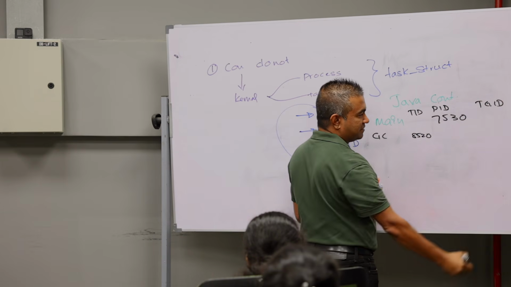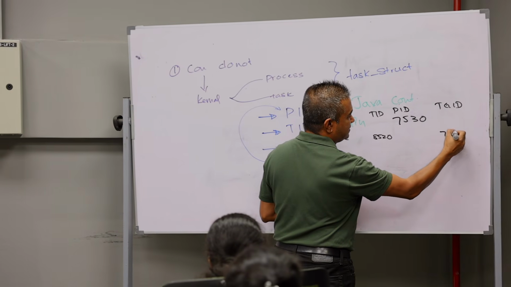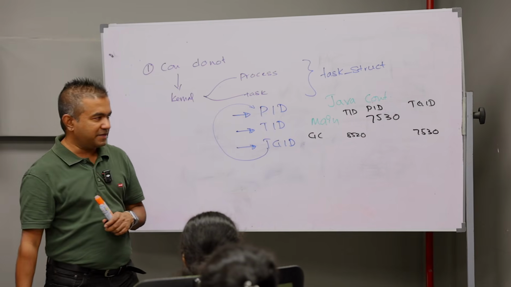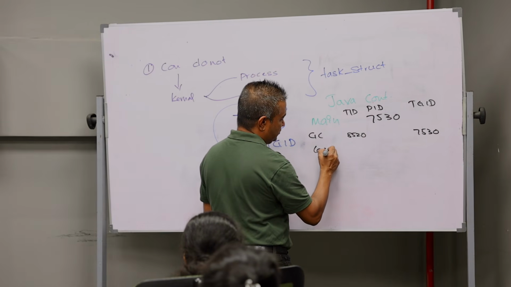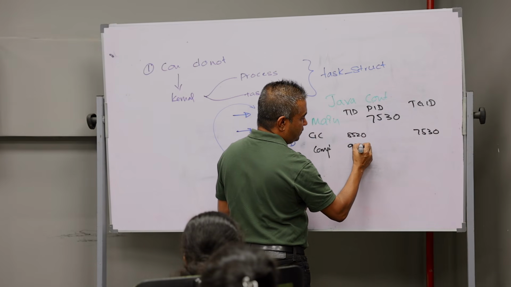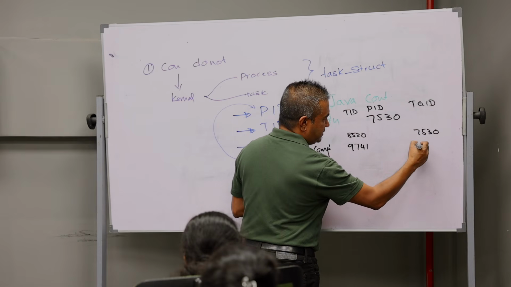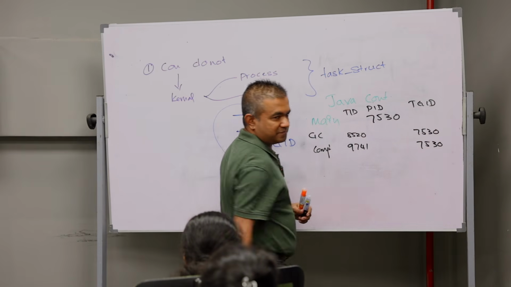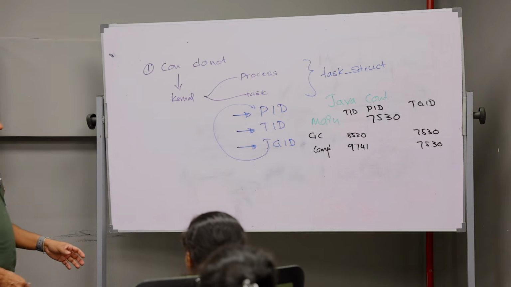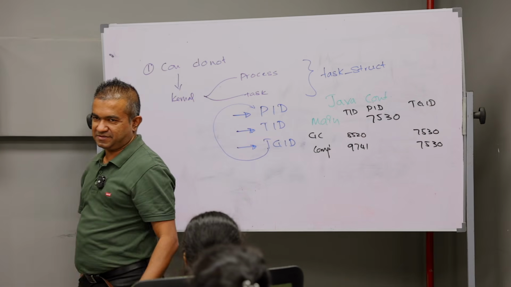TGID is what? 7530. Let's say a compile thread, just assume, don't go with this exact name, 9741. TGID 7530. So task group means it is grouping all the tasks running inside this process.